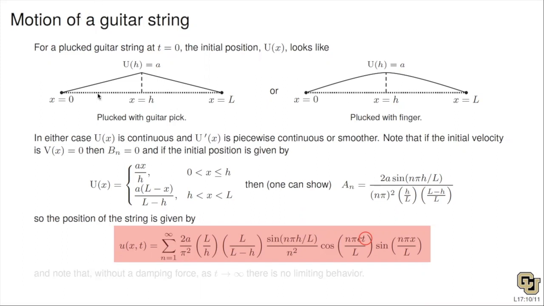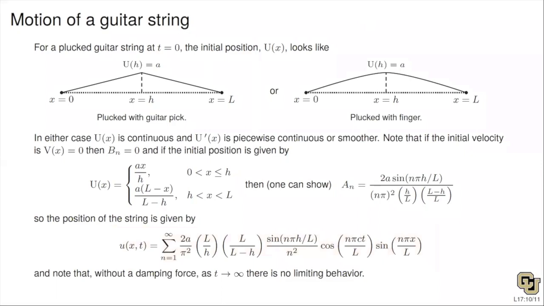It was built in, that decay. So at least for the formal solution, without gravity or damping force, as t goes to infinity, there doesn't seem to be any limiting behavior. Once we put gravity or a damping force into the equation, that could change things. So that's interesting, if not a little bit counterintuitive.